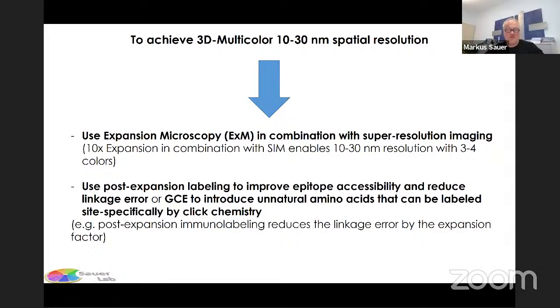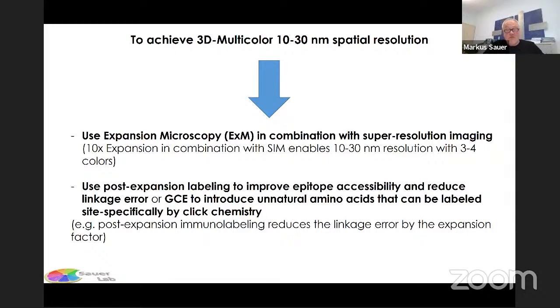There are two approaches we are following in this direction, both currently construction sites. We try to use post-expansion labeling, so that we expand the sample without digesting the proteins completely, and by that try to increase epitope accessibility and reduce the linkage error, because post-expansion immunolabeling reduces the linkage error by the expansion factor.